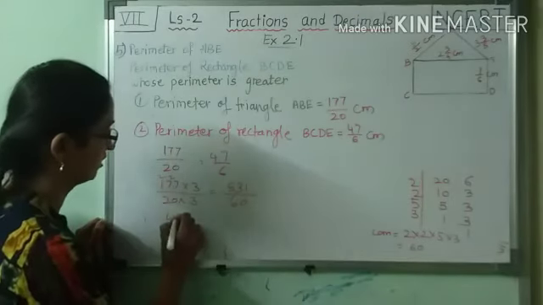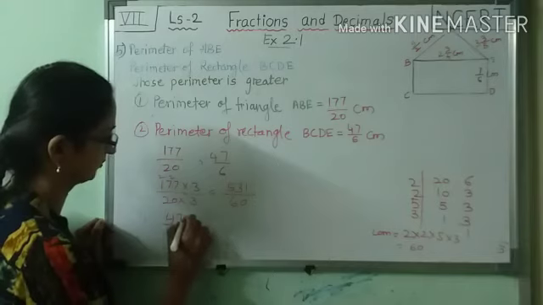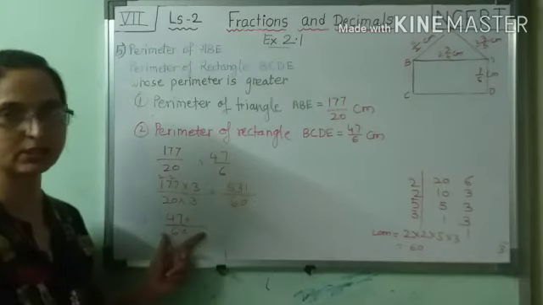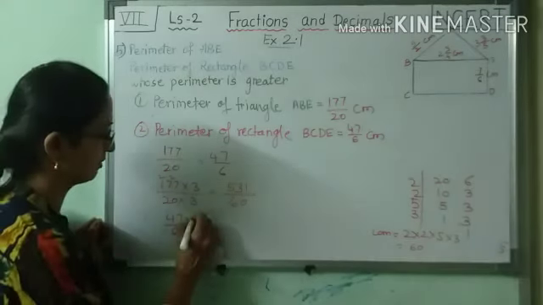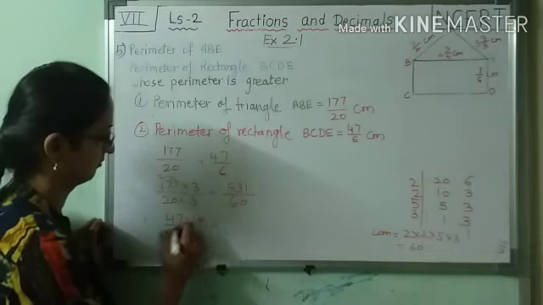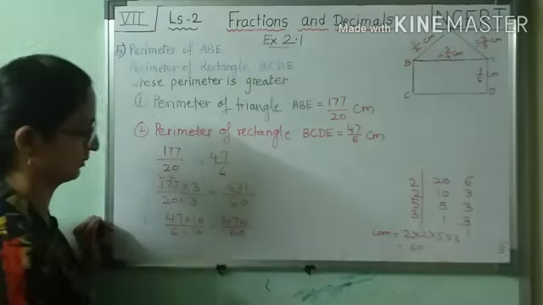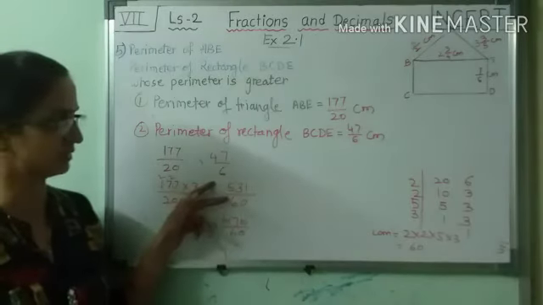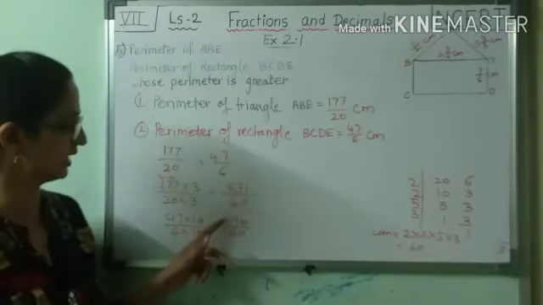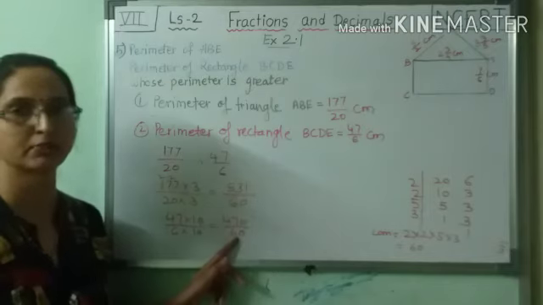Next one, 47 upon 6. We want 60 here, so multiply it by 10. 47 tens are 470, 6 tens are 60. Now the fractions are 531 upon 60 and 470 upon 60.